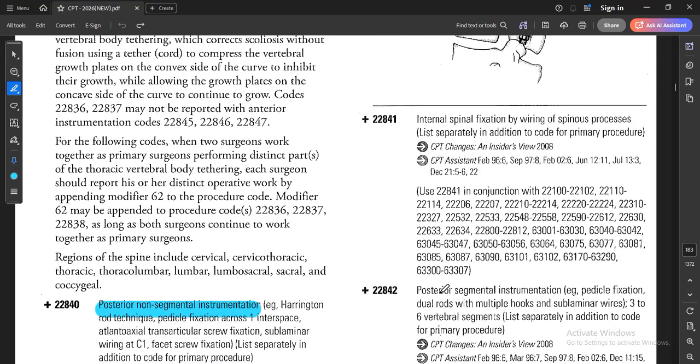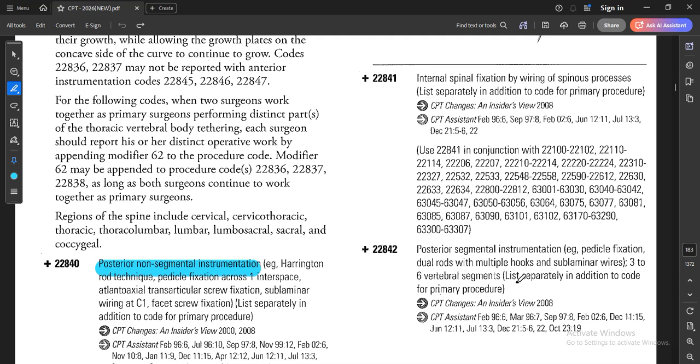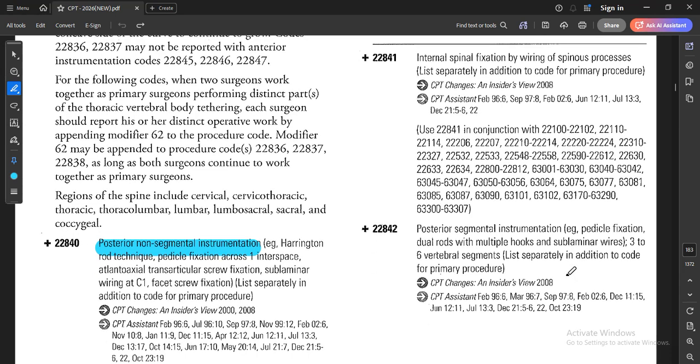Next we have 22841, internal spinal fixation by wiring of spinous process. If the operative report says sublaminar wiring, you will use 22840. If it says only wiring, 22841. So you just need to remember these keywords.